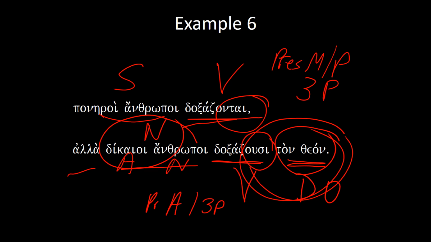But honestly, you could say evil men are being glorified, passive, but righteous men glorify God. So when you have two legitimate options, put at least one. And then how would you parse it? Well, however you translate it's how you parse it. If you put a legitimate option, I'm happy, I'm going to count it as correct.